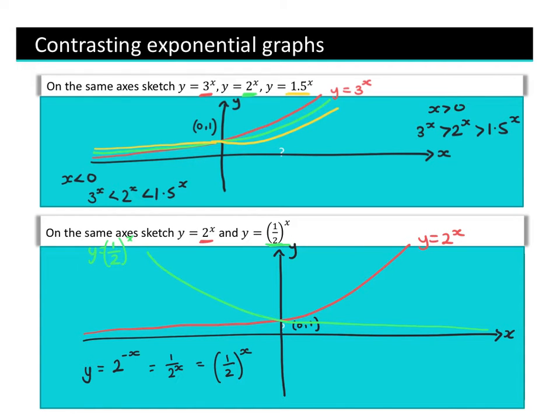Now, what you also know with graph transformations, is it inside or outside the bracket? Inside. Who does it affect? X. And we're going to divide all of our x values by minus 1. But we should also know that we could write this as f of minus x. And this, as a transformation, is a reflection in the line y equals 0. Yeah, it's a reflection in the y-axis.